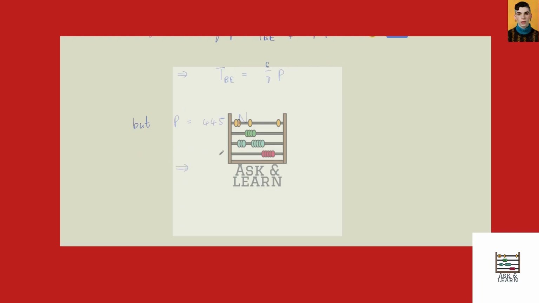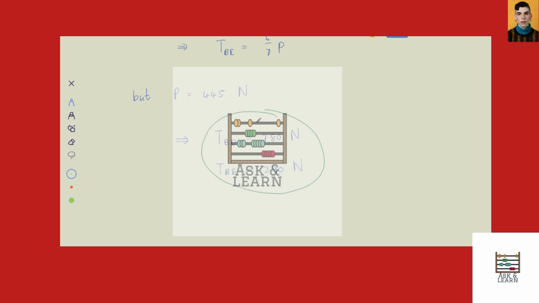And therefore, we find TBD to be 780 newtons, and TBE, from the expressions above, is 390 newtons. So those are our two tensions as required. Now we have the tensions. We want to find the reaction at A.